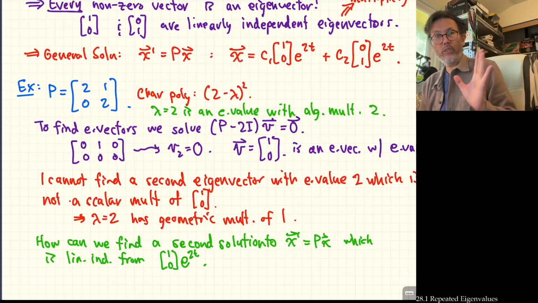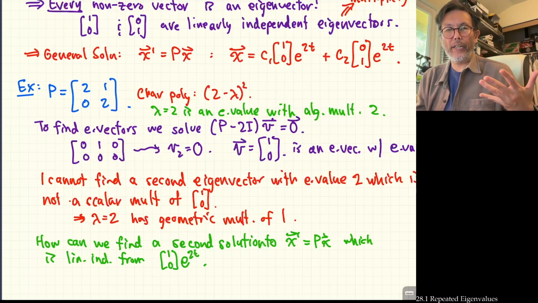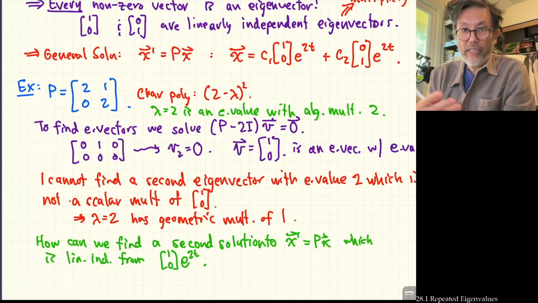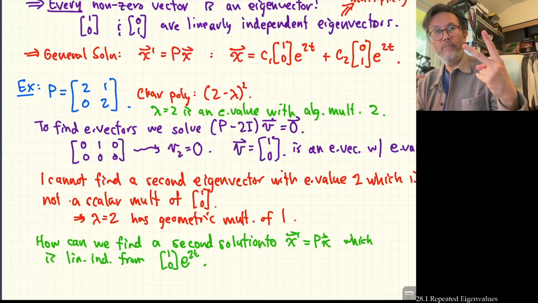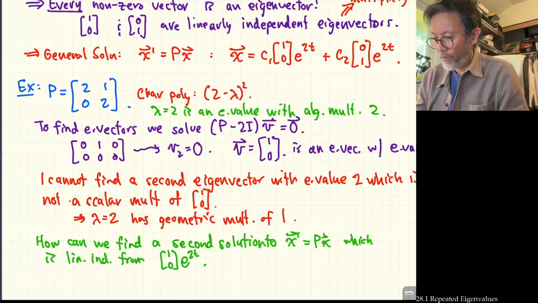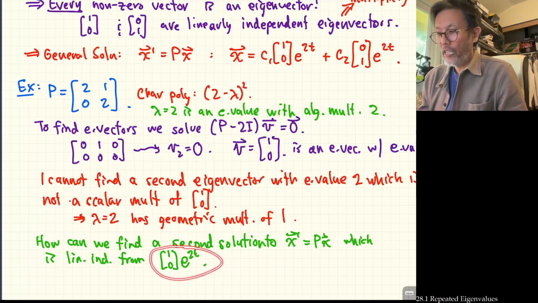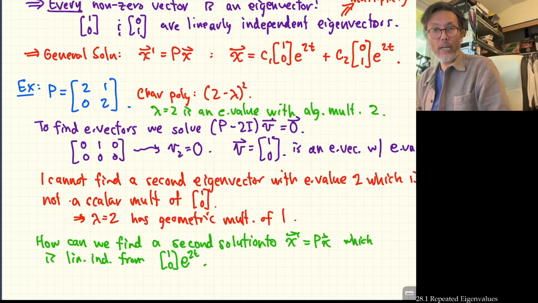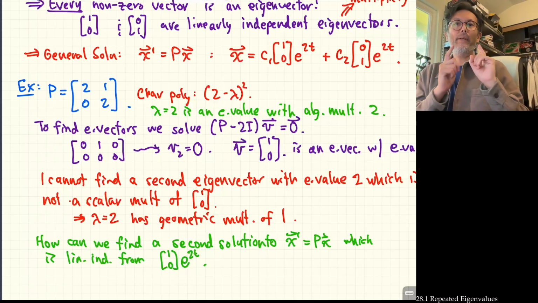We know that's a solution because of the whole ansatz, right? v e to the lambda t, where v is an eigenvector with eigenvalue 2. So this is a solution right here. But we need a second solution in order to be able to write down the general solution to this system here. So how do we do that? We'll talk about that in the next video.